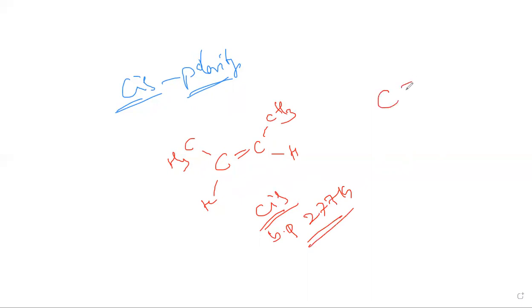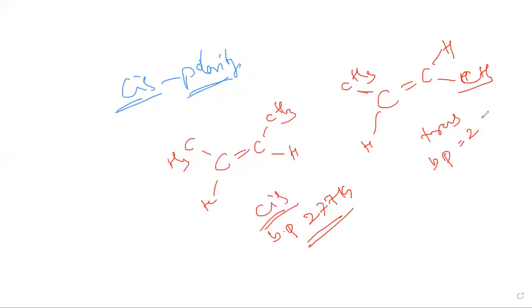But in trans butane, the methyl groups are on opposite sides, so they'll be away from each other, and its boiling point will be 274 Kelvin. From 277 to 274 Kelvin, the cis isomer will have a higher boiling point than the trans isomer because polarity will be generated.